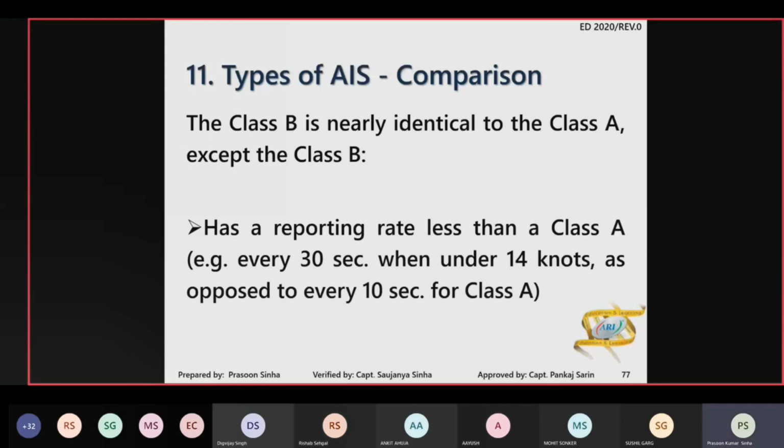So now you know what is CSTDMA and what is SOTDMA.